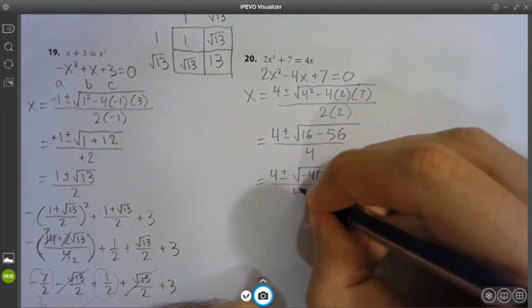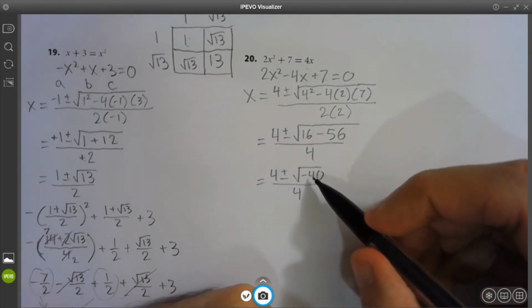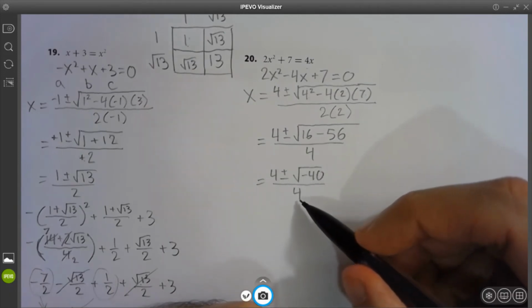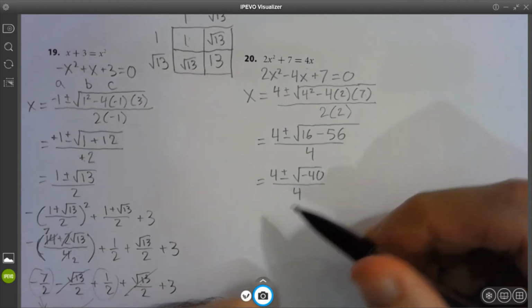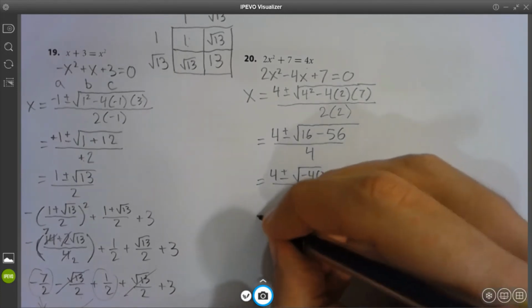So I was really hoping that everything would cancel nice and neat. That's not going to happen though. So this one's going to have an imaginary part. It's also going to have a fraction. So they saved the best for last, it looks like. How unfortunate. We can simplify this a little further.